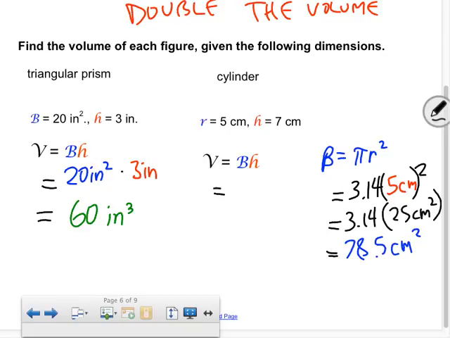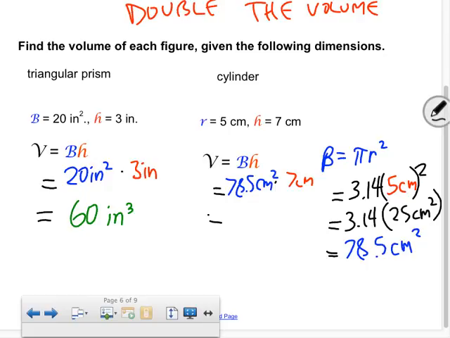So we have to take the number that Kimberly just gave us, 78.5 centimeters squared, and multiply that by the height. What's the height? 7 centimeters. And what's 78.5 centimeters squared times 7 centimeters?